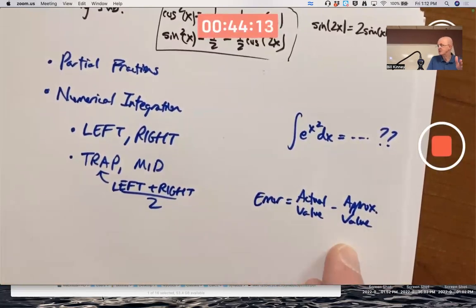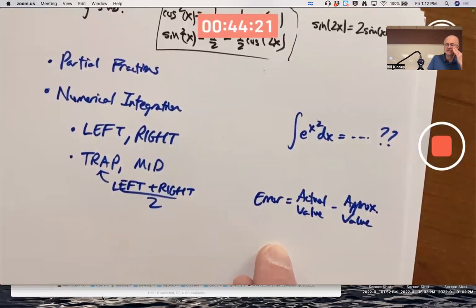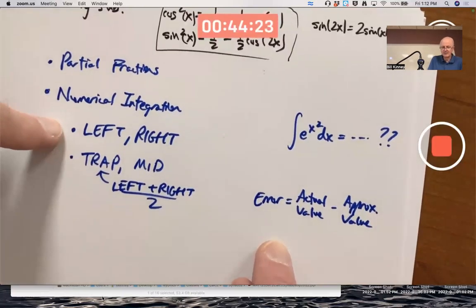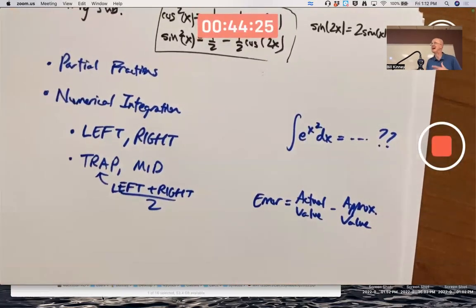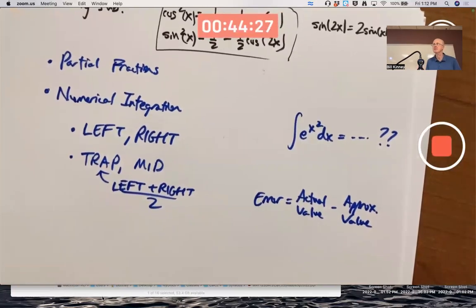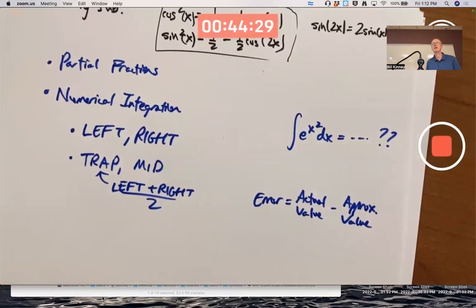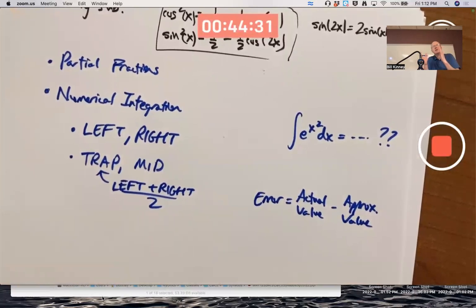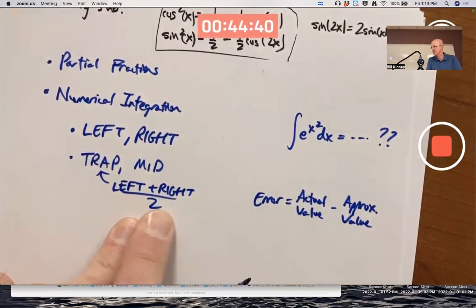And if the approximation is too small, the error is positive. What we typically see in most relatively simple examples is the error for the left-hand rule and the right-hand rule typically have opposite signs. One's positive, one's negative, with fairly simple examples at least. And they're also approximately the same size in absolute value, the same distance to zero. And therefore, it makes intuitive sense to average them.